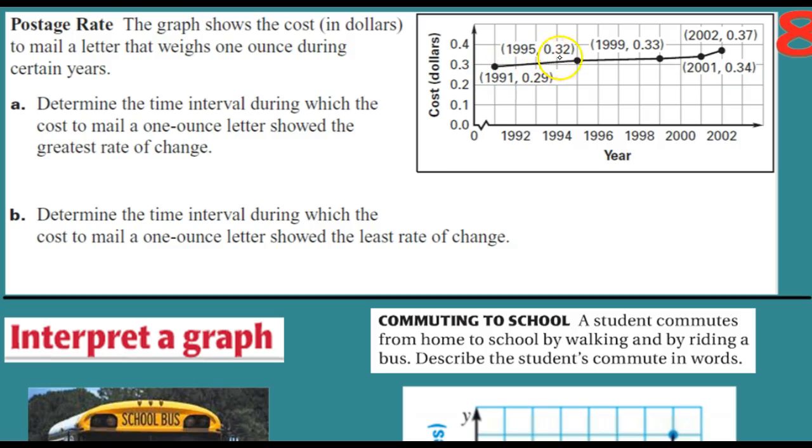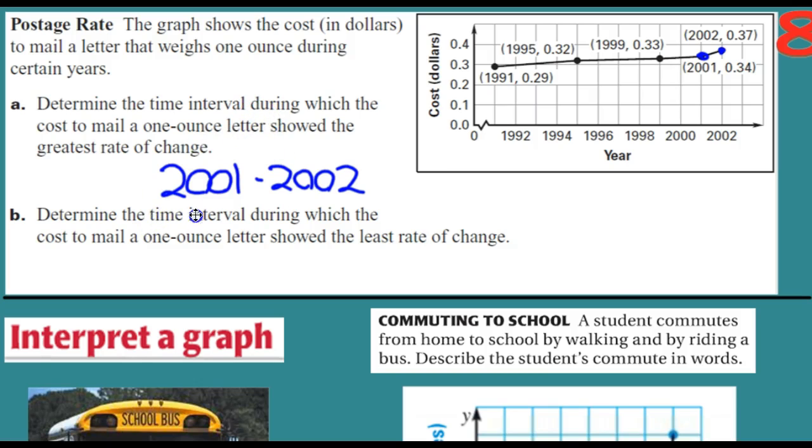So this looks pretty flat. This looks even flatter, maybe a little bit more steep, but from here to here, that's our steepest amount. So that's from 2001 to 2002. So 2001 to 2002, we have the greatest rate of change.